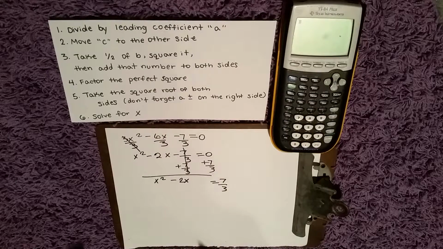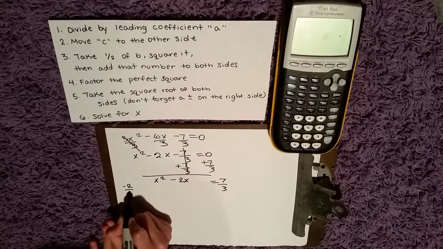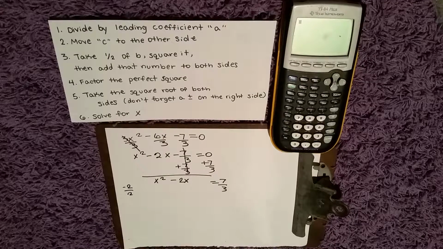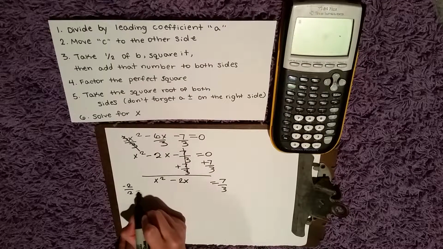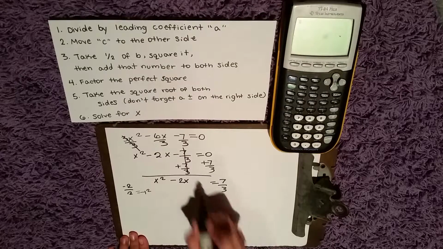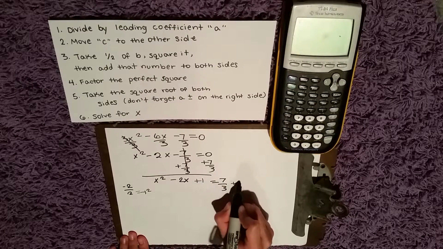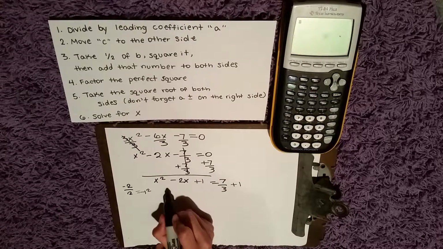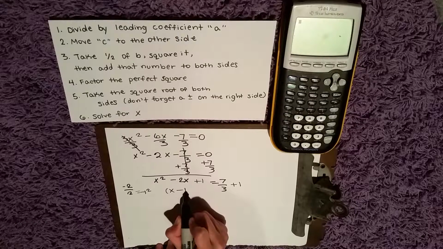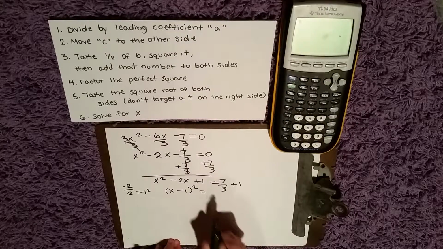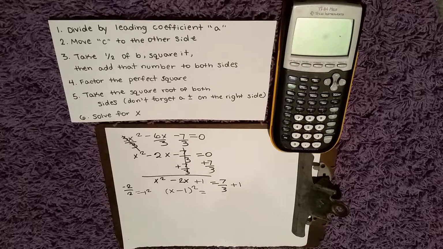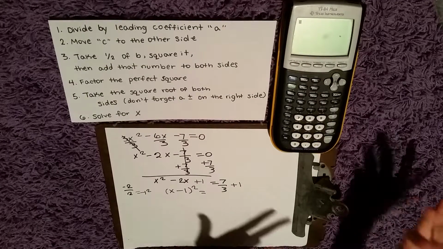So now we're going to take negative 2 divided by 2, and pretty soon, once you get used to it, you'll be able to do this in your head. To get negative 1 squared, which is just 1. Add 1 to both sides. So now, after we factor it, we're going to have to add 7/3 and 1. And many people cannot do this in their head. But luckily, as Algebra 2 and Trig students, we have a calculator that we can use.